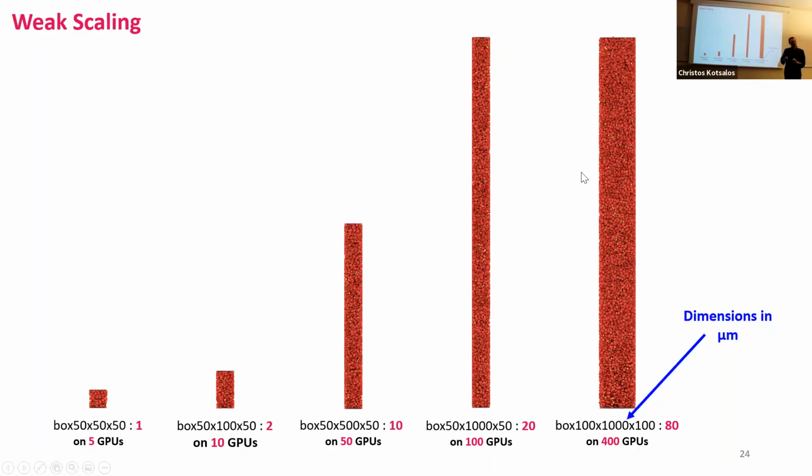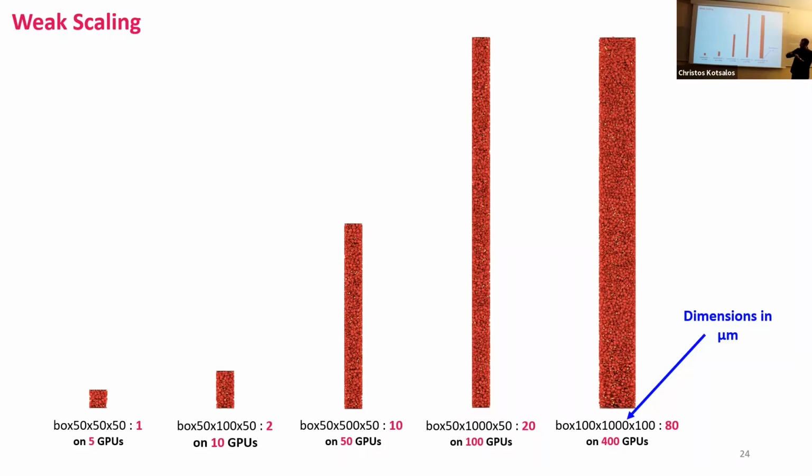But as we increase the size of the computational domain, we proportionally increase the amount of hardware that we are using. So we are resolving this small domain using 5 GPU nodes. And in an 80 times bigger domain, as it is this, we are using 80 times more GPUs. So in this case, we are solving this domain using 400 GPU nodes.